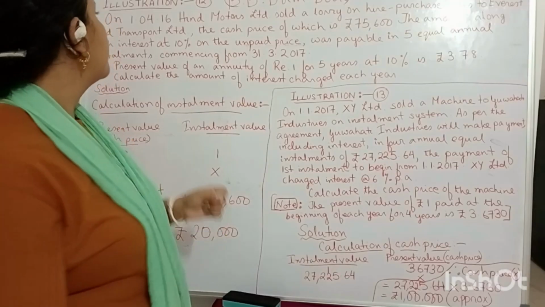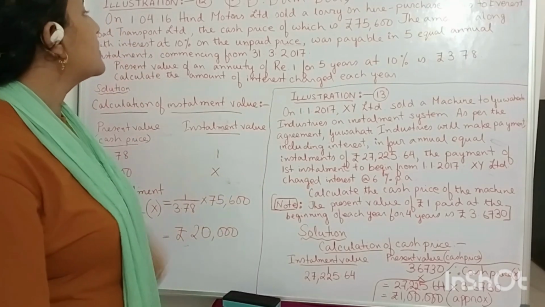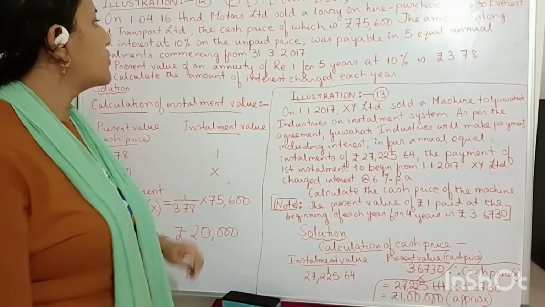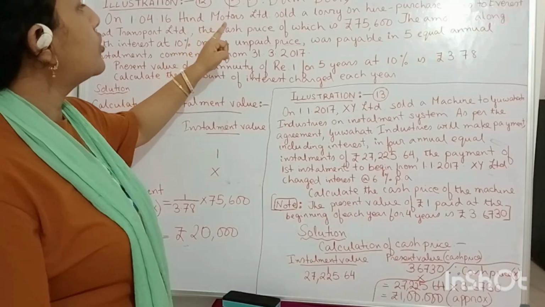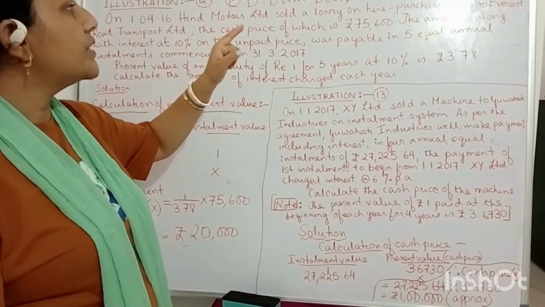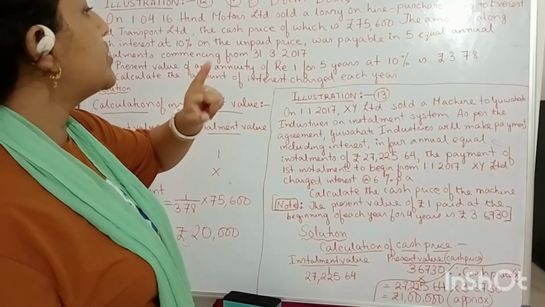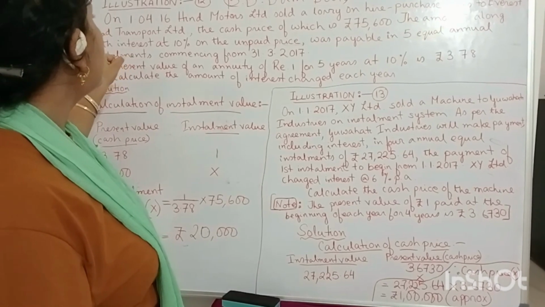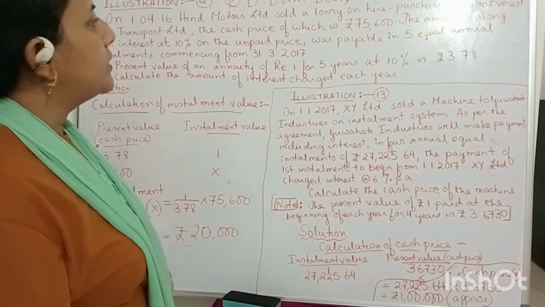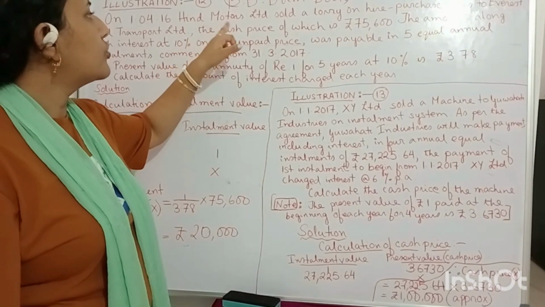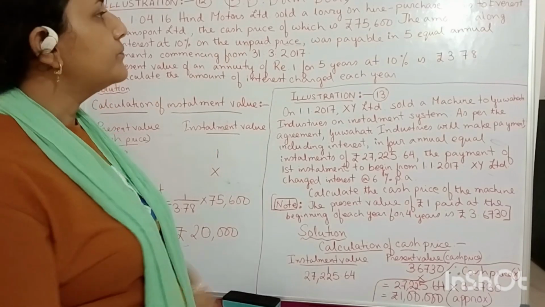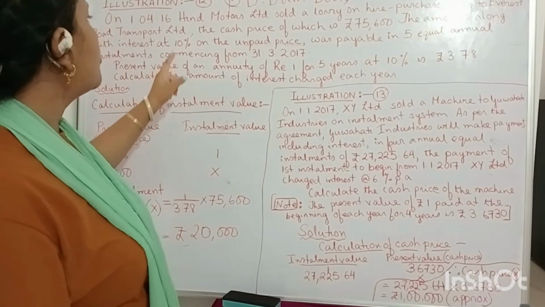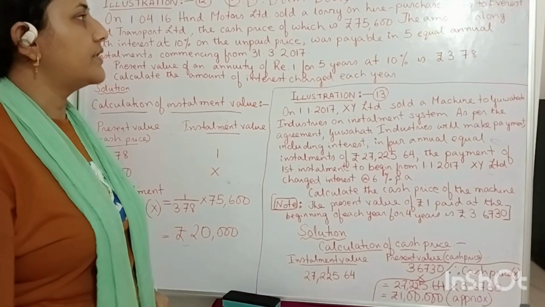What is said? On 1/4/2016, that is April 2016, Hind Motors Limited sold a lorry on hire purchase basis to Everest Road Transport Limited. So here Hind Motors Limited is the hire vendor and Everest Road Transport Limited is the hire purchaser.